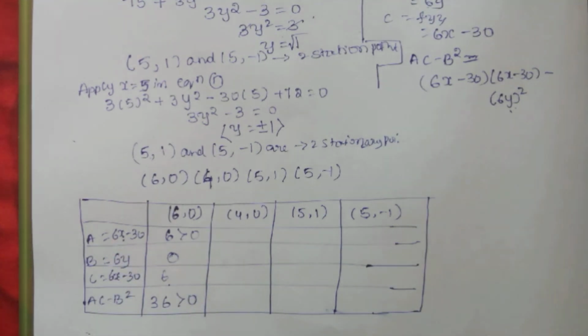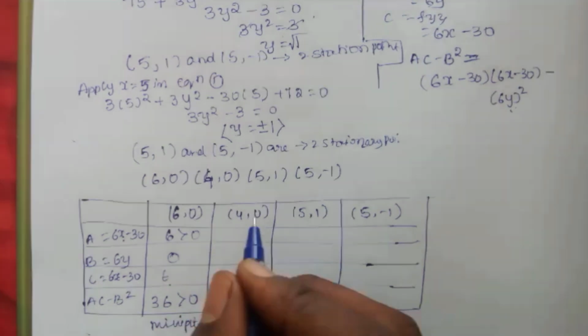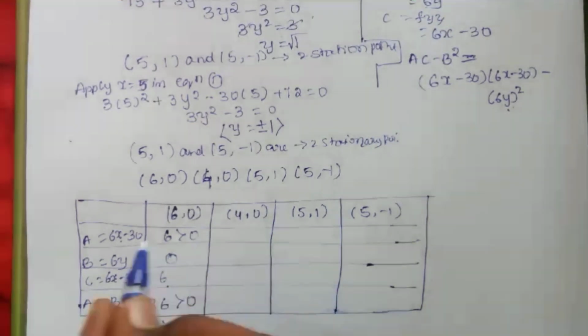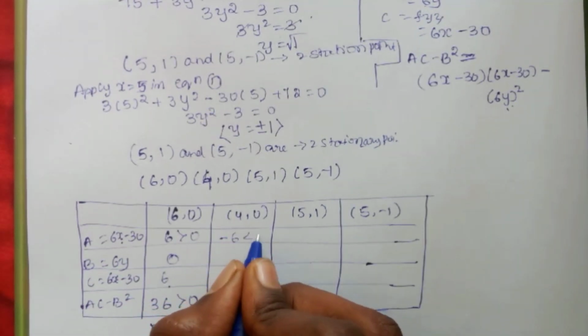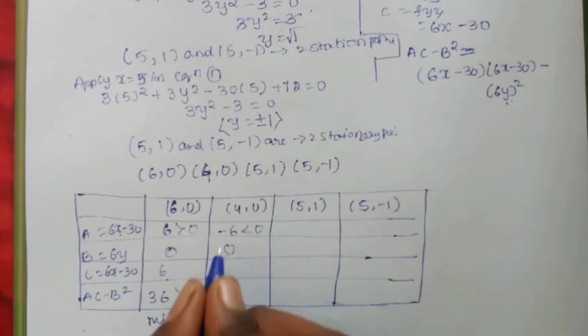When A is greater than 0 and AC - B² is greater than 0, this is called a minimum point. Then apply x = 4 and y = 0. 6 fours are 24, 24 minus 30 is -6, which is less than 0. With y = 0, B becomes 0.